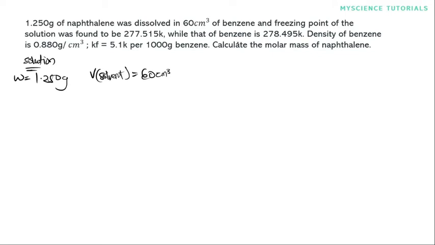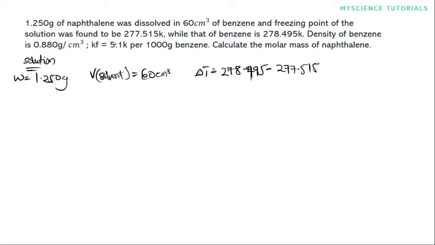So if we look at this, we can say that that of benzene is higher, so it means our ΔT straight away from here will be 278.495 minus 277.515. Okay, so that will give us the value of our ΔT.